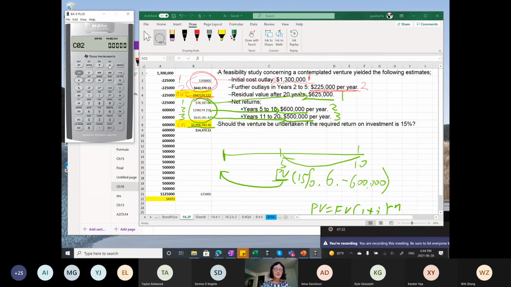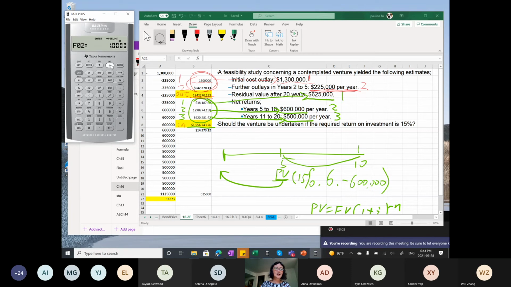Down arrow key. The next number is 600,000. Did I press the next button? Yes, I pressed the negative 225. Just double check. The next cash flow is 600,000.